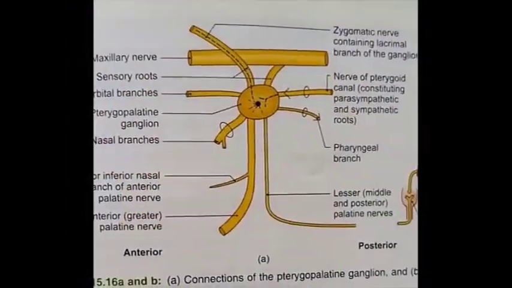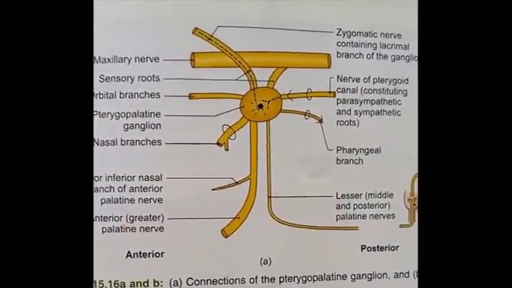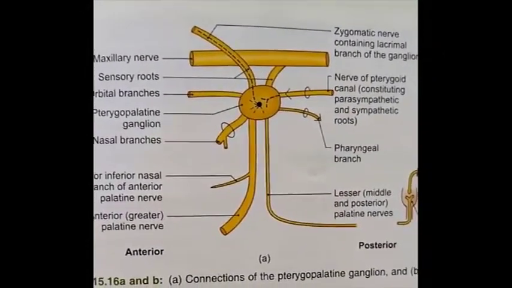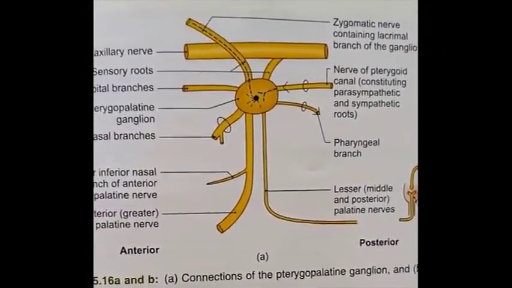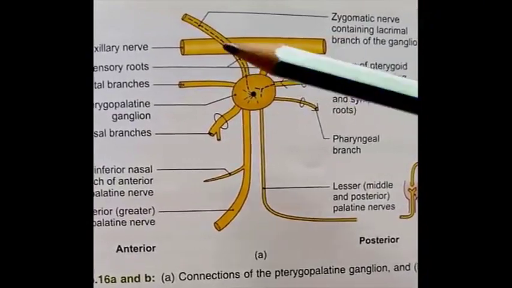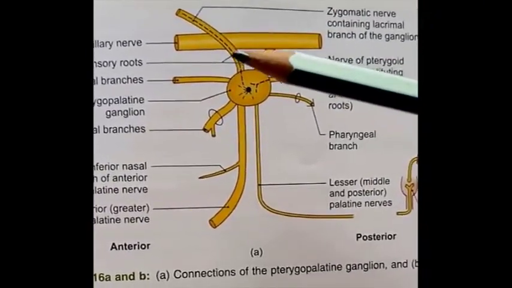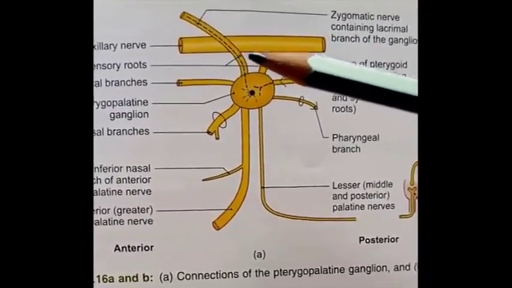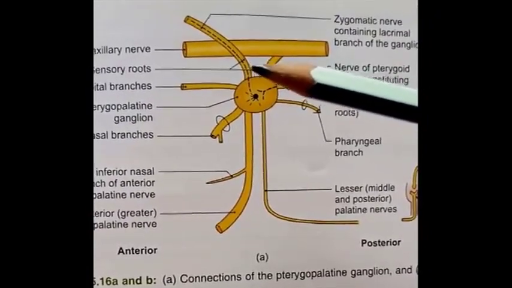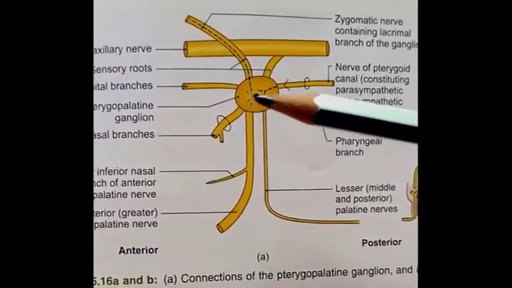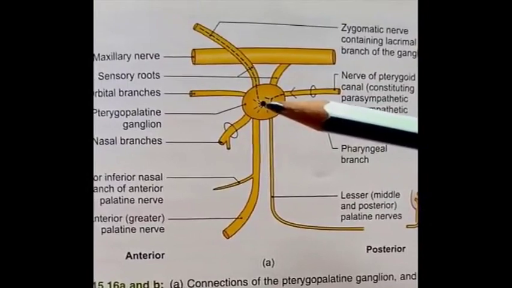The branches of the ganglion are actually the branches of the maxillary nerve. So the branches of the maxillary nerve carry the sympathetic and parasympathetic fibers along with them, which pass through the ganglion.